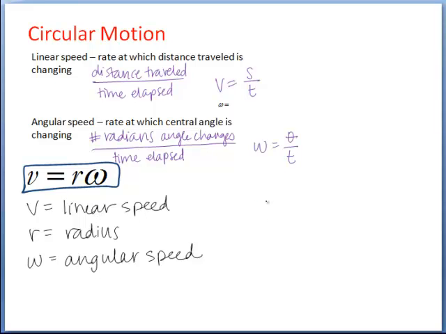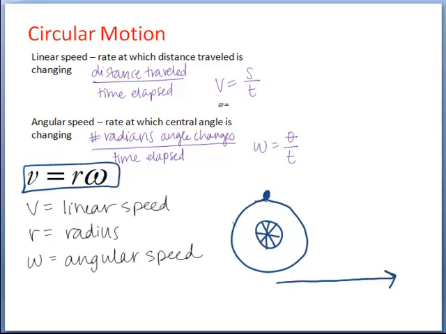I know this is a very random analogy, but if you have a rock on your tire and you're driving down the street, that rock is going around your tire really, really fast. The speed of that rock going around your tire is its angular speed.